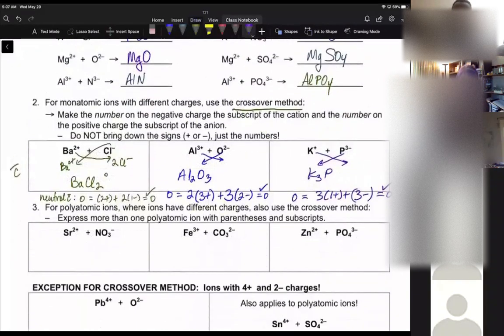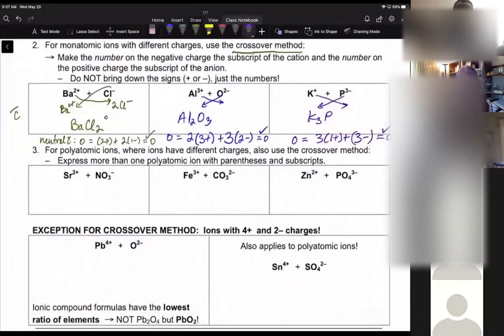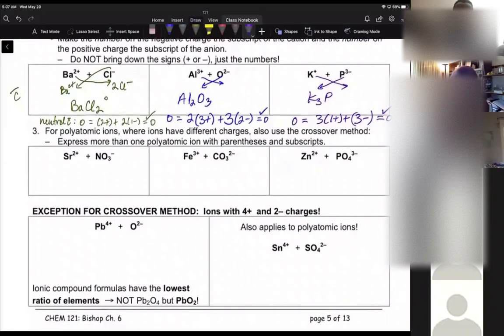Okay, we're going to use that with the polyatomic ions as well, the crossover method. But now we have all of those atoms functioning as a unit, so we will put them in parentheses. So this is a 1 minus on nitrate, so we'll bring that down, and we'll bring the 2 down, but now we need to show NO3 in parentheses with a 2.